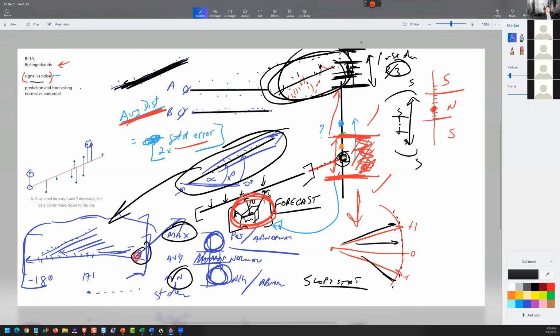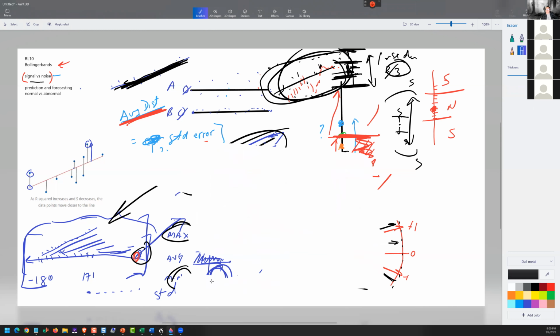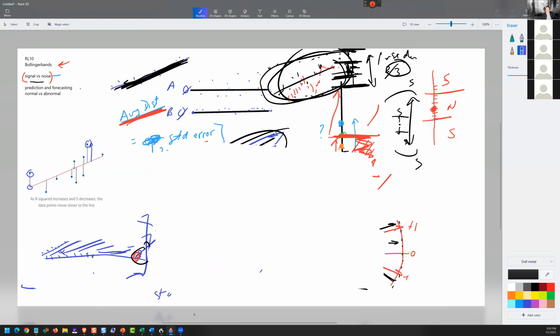Where does that appear in our normal trader's mind? In the normal trader's mind, they look at breakouts as some kind of significant move, and that makes certain good sense. I mean, so do we.